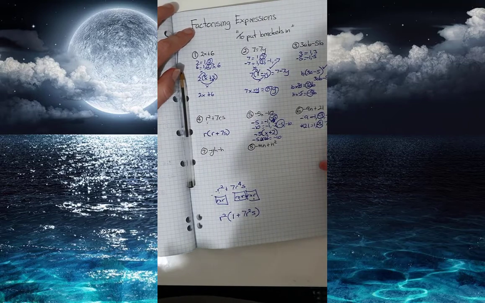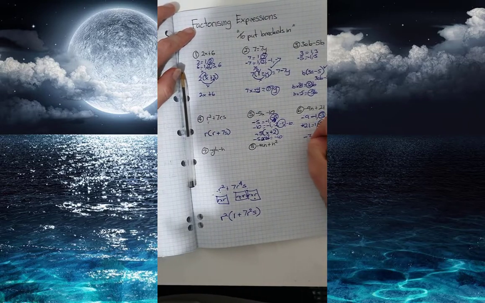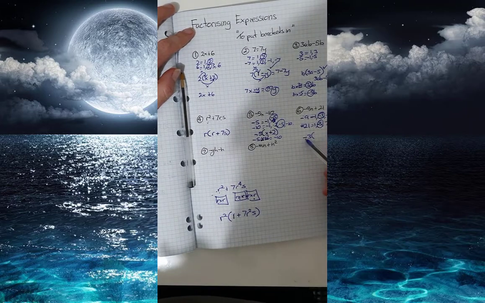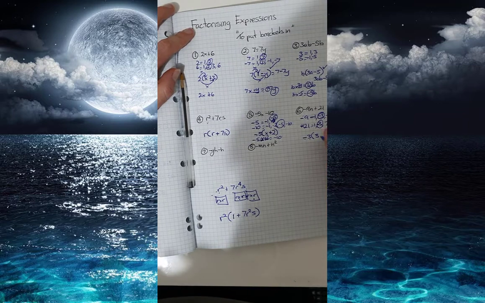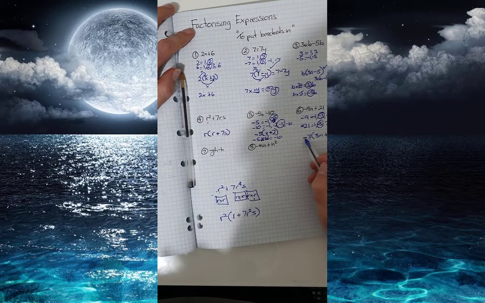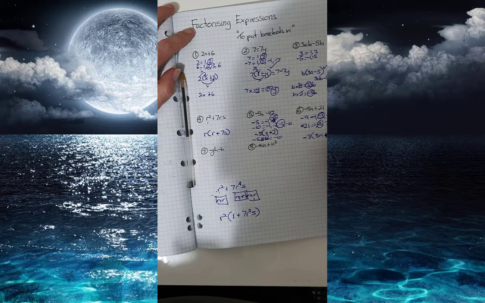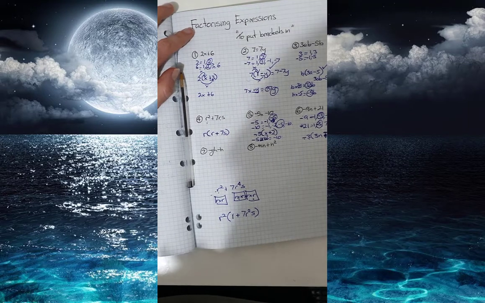Well, I need to times it by a 3. So -3 times 3 equals -9n. Plus, how do I go from a -3 to a positive 21? -3 times -7. So I'm timesing two negatives together to get my positive, and 3 times 7 equals 21. So you've just got to be very careful about this sign. Very, very careful about this.